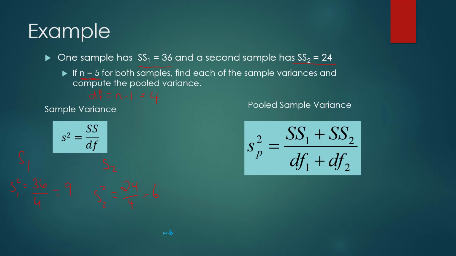So now to do our pooled variance formula. Our pooled variance is going to equal SS1, which is 36, plus SS2, which is 24, over 4 plus 4, which gives us 60 over 8, which gives us 7.5.